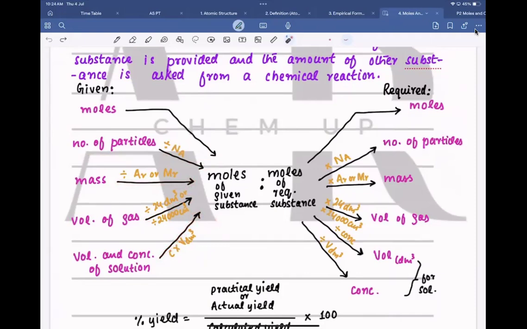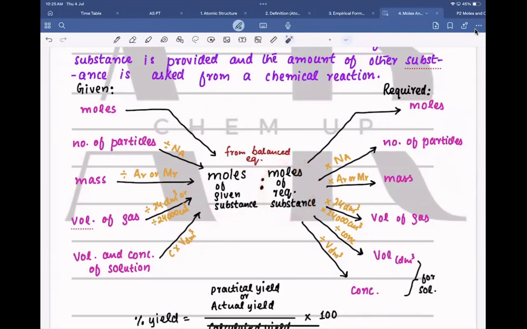Okay. Then you will make the ratio, and there is one other thing: this ratio is always taken from the balanced equation. So we get one ratio from the balanced equation, and then we put the moles of the given substance over here and put the moles of the other substance as X, and then cross multiply to get the moles of the other substance, which is required.